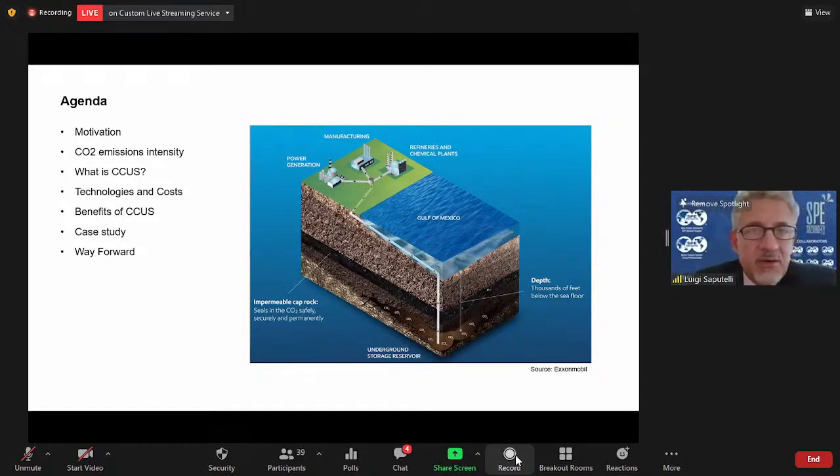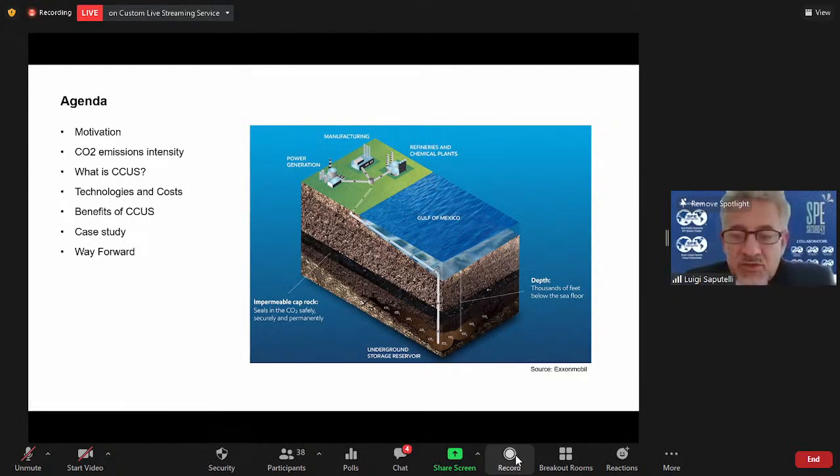I will also talk to you about what is CCUS, and we will try to focus mostly on CCUS and utilization for the upstream industry, some technologies for carbon capture and sequestration, and the associated costs, the benefit of CCUS, and also a small case study we prepared in order to compute carbon emissions and efficiency across the upstream. And then I will try to leave you with some ideas on the way forward.